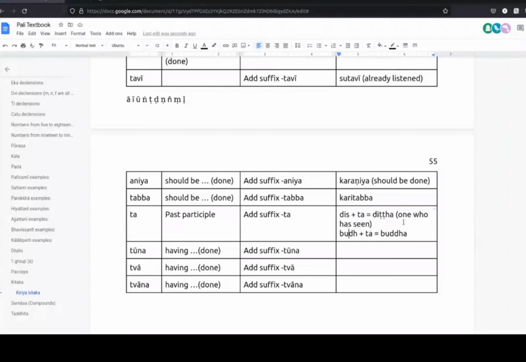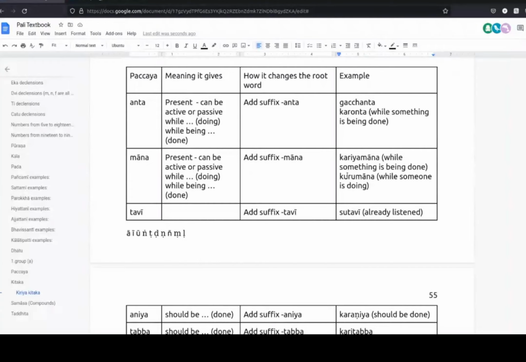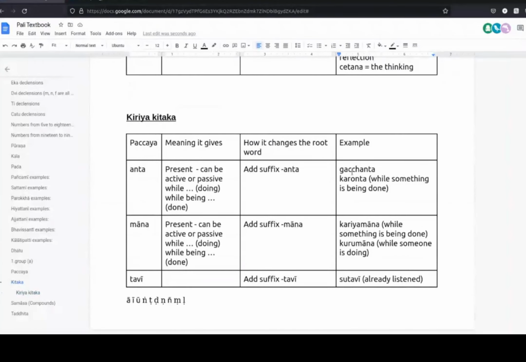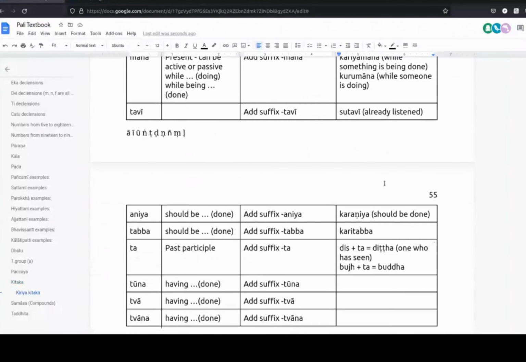Actually, it's not bud. Sorry, what am I doing? This is the root, I think, right? Buj. I'm going to mess up this very important word. What's the root? Buj, awakening. It is on the previous pages. Is it? BHUJ, I think.